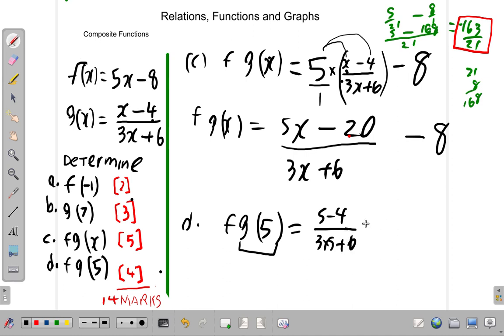So we have this part, and then f of that.